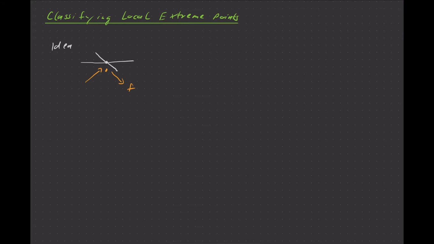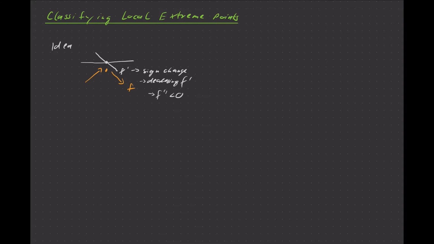So the sign of f prime changes. First positive and then negative. That of course means f prime has to be decreasing. And that in turn means f double prime has to be negative if f prime is decreasing.